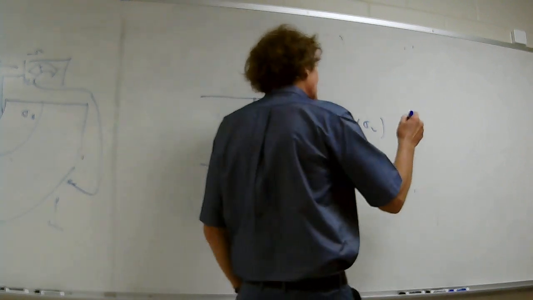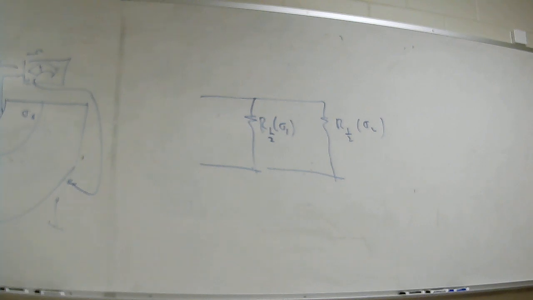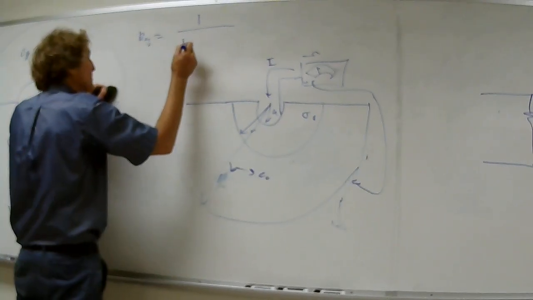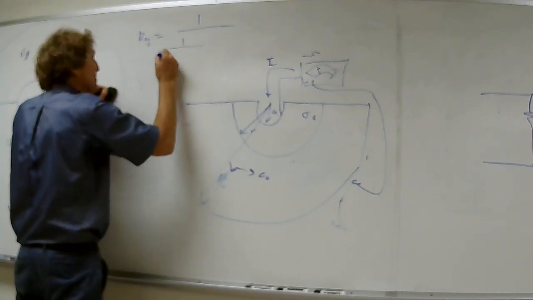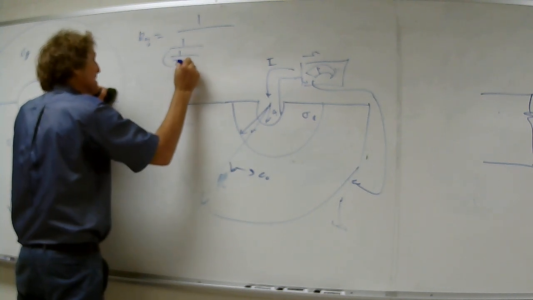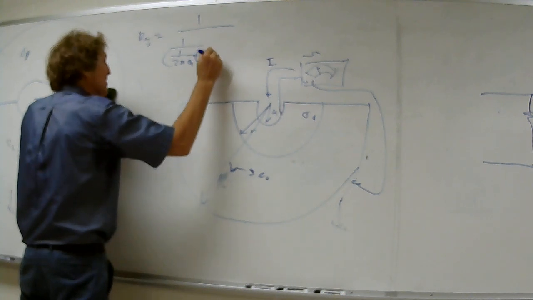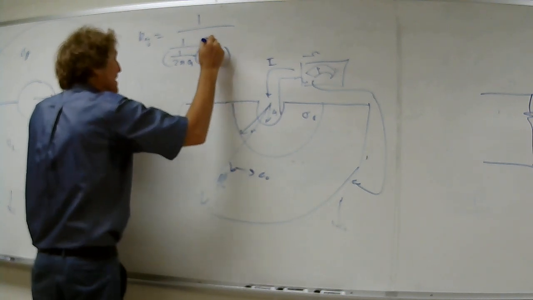So, if you take a look at this, for this one, I'll just put it here. The R equivalent for this one is going to be 1 over the first one. And the first one was 1 over 2 pi sigma 1, and it's times 1 over A minus 1 over B, right?